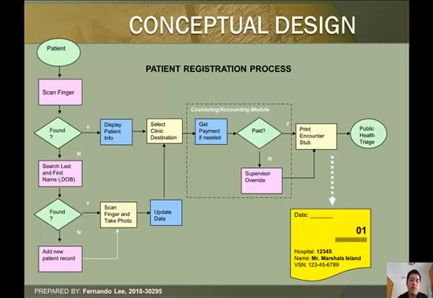If it's already registered, it will go to the information, and then it will allow you to select which clinic you want to go to. Then of course you have to pay at the cashier.